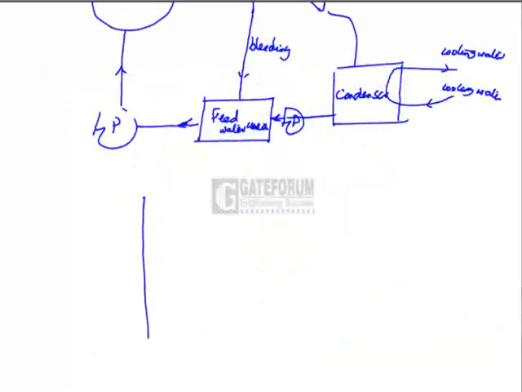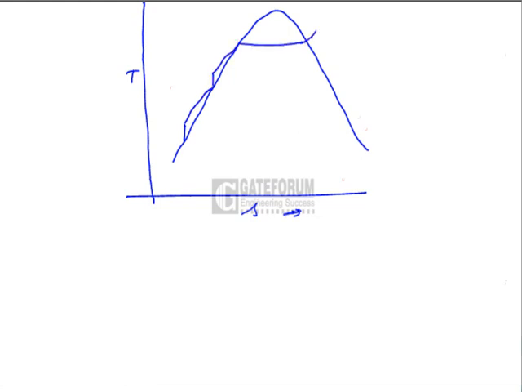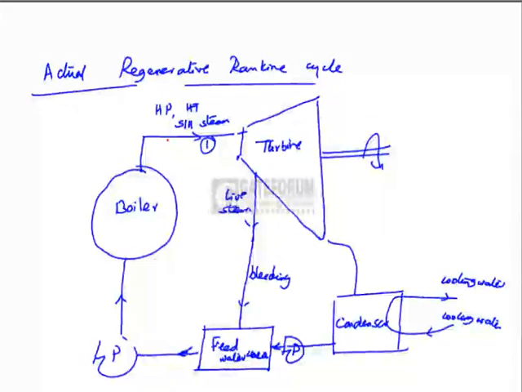The cycle can be seen on the temperature entropy diagram. State 1 is the state of the steam entering the turbine.